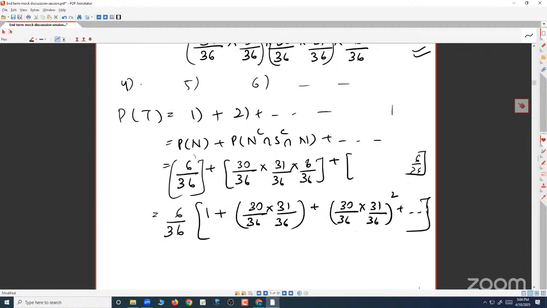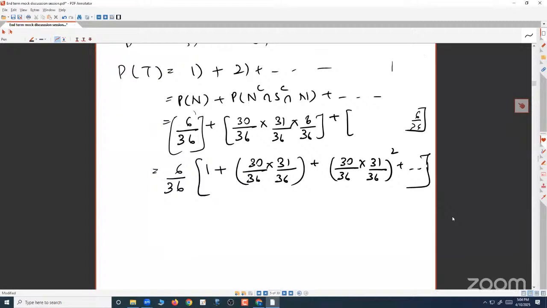Now let's consider this as one number, A. If you remember the geometric series 1 plus A plus A square, A cube, the sum of this would be 1 upon 1 minus R, where R is the common ratio, and my common ratio is coming out to be A only.